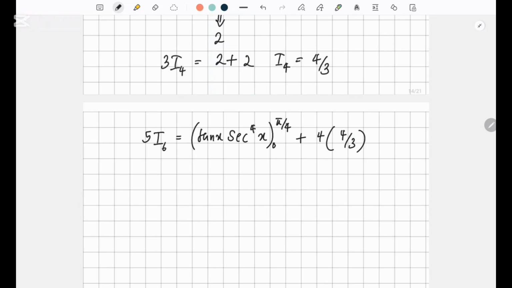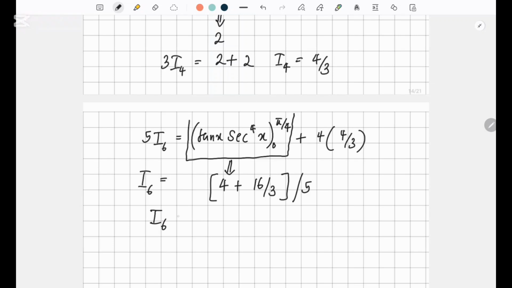Well, I6 is going to be, so once again, use your calculator for this part. See what you get. So I get 4 plus 16 over 3, the whole thing divided by 5. So I6 is going to be 28 over 15.